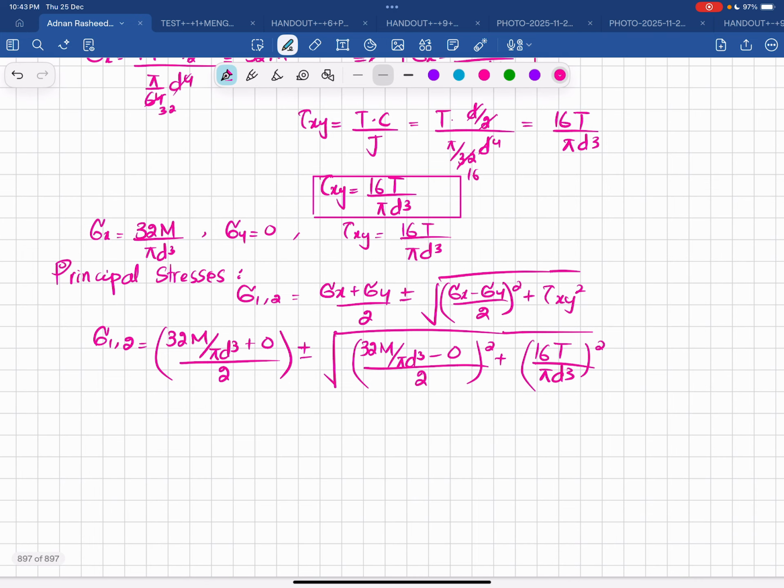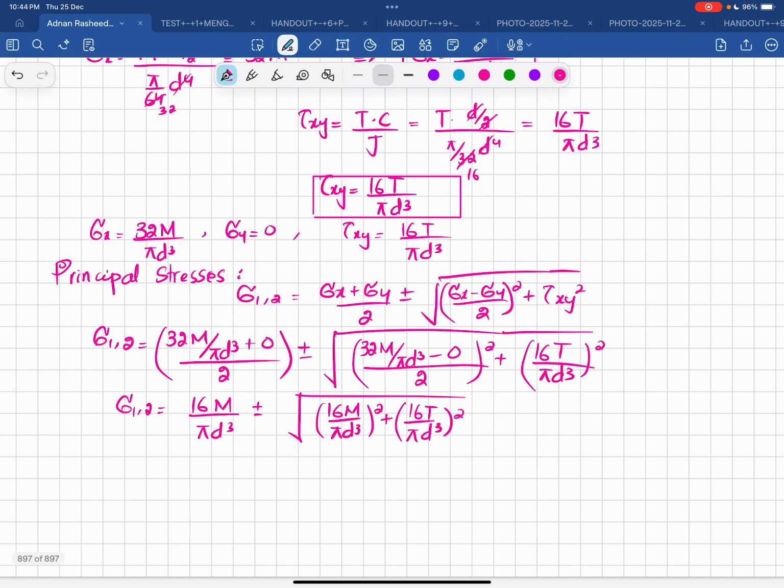And what we will get here is that sigma 1,2 will be equal to 16M over pi d cube plus minus the square root of 16M over pi d cube whole square plus 16T over pi d cube whole square.